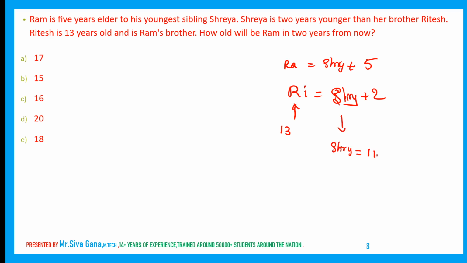I got 11. How old will Ram be in 2 years from now? If I substitute Shreya's age here, 11 plus 5 is 16. After 2 years, it will be 18. The answer for this question is 18. He is asking Ram's age: 16 plus 2, 18.